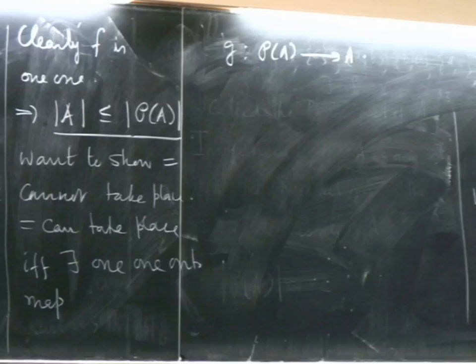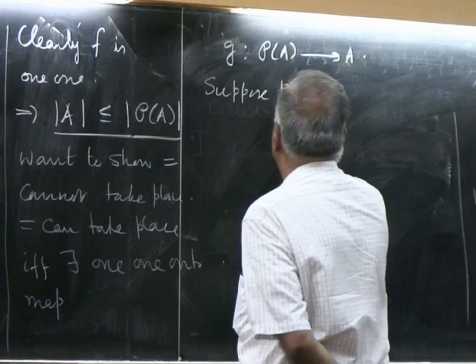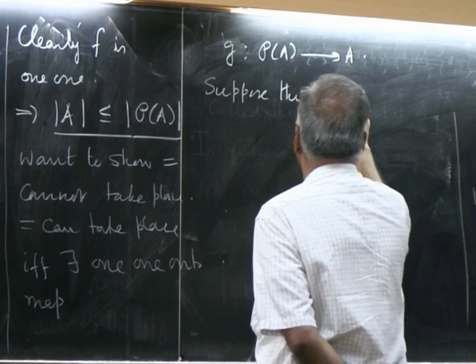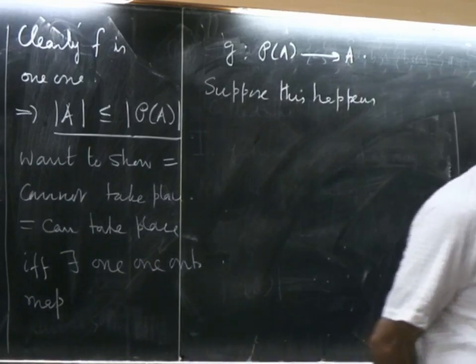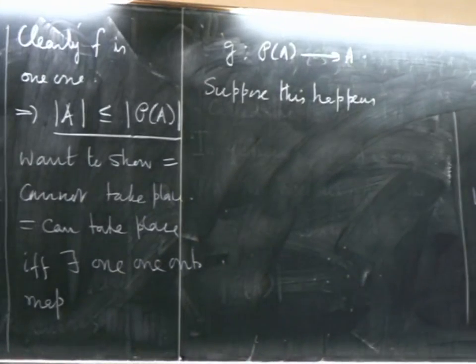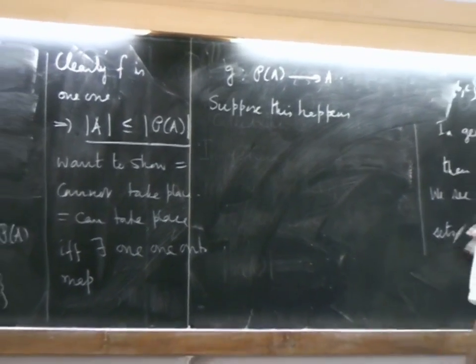They have to be equivalent, then there has to be a 1-1 onto map from one to the other. Okay, suppose this happens. We will show that that leads to a contradiction, and therefore this cannot happen. So, the contradiction is very funny, the way we get the contradiction is funny. So, suppose there is such a function.